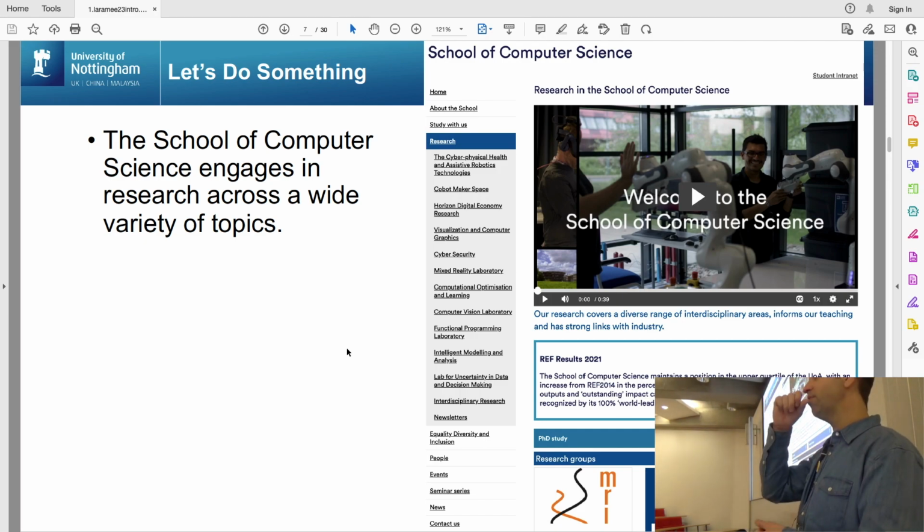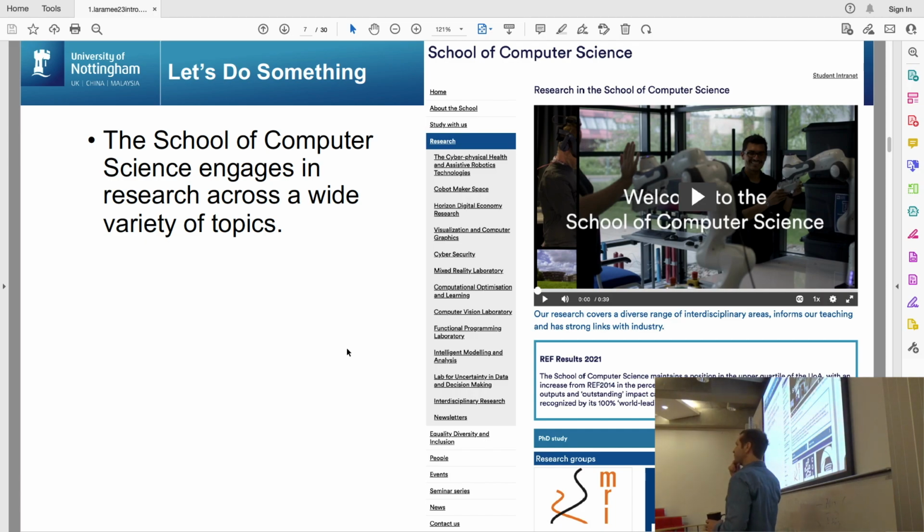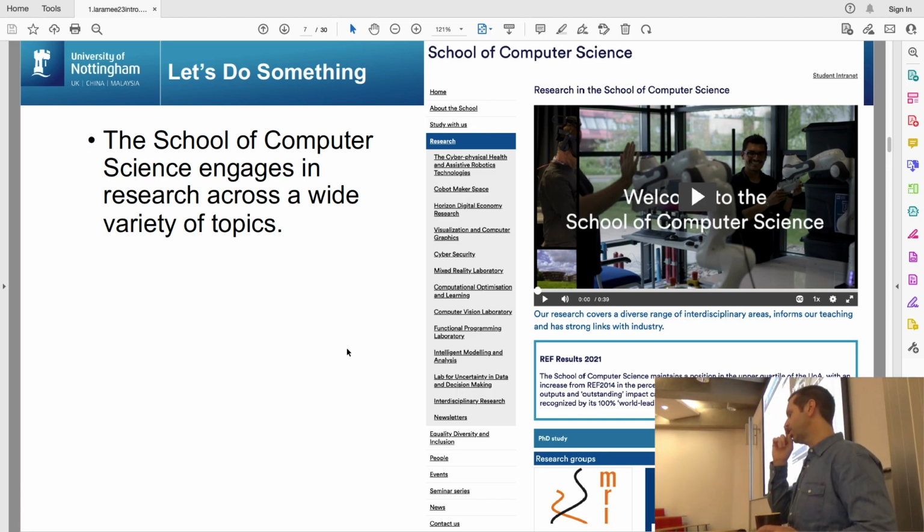Does anybody know what that means? Anybody feeling courageous? Basically, like a group of professors or domain experts kind of peer check your paper, check your work. That's right. What's your name? Arnav. That's right. So the kind of research we're doing here at the University of Nottingham is called peer-reviewed research.